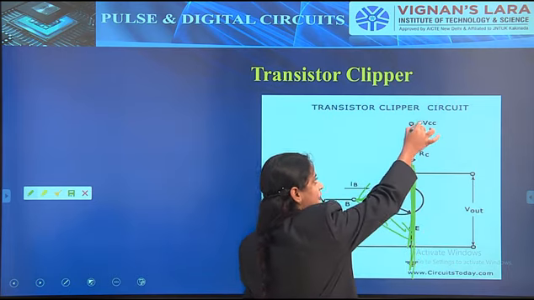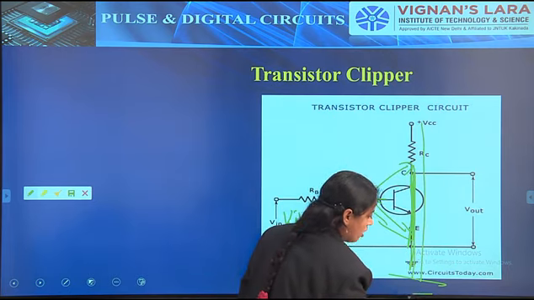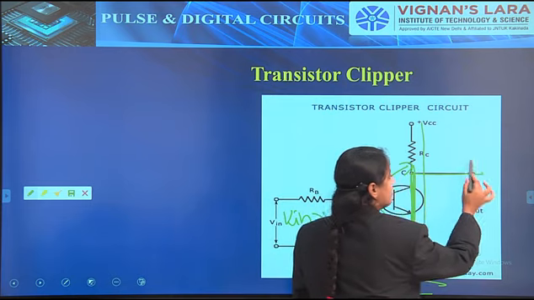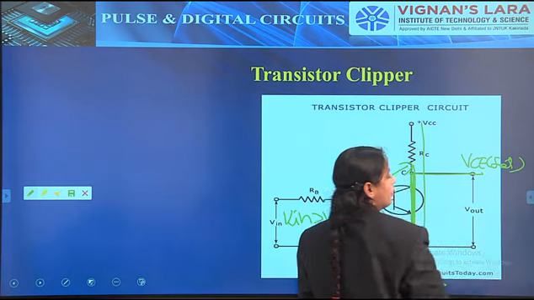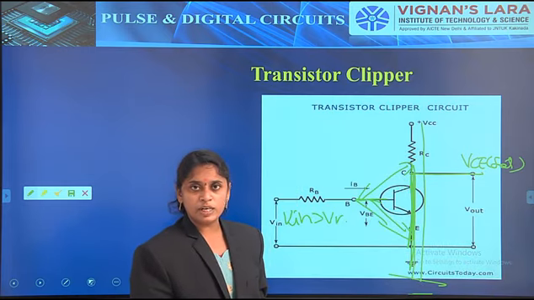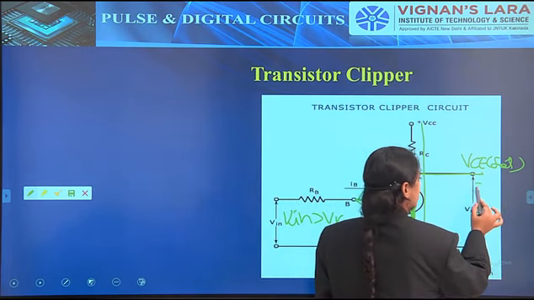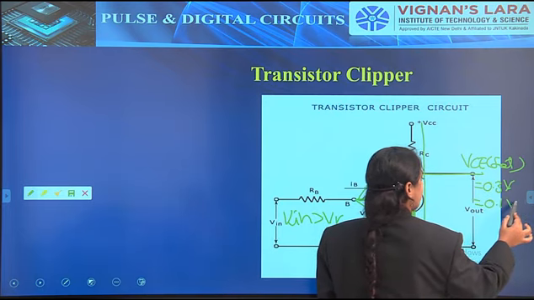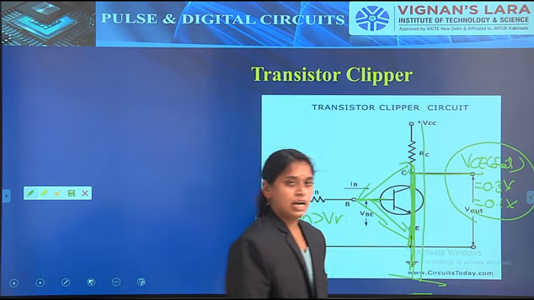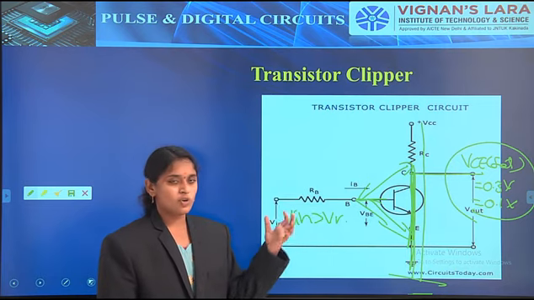So the VCC signal is pulled to the ground, and the output signal will be VCE sat. For silicon, this VCE sat value will be 0.3 volts, and for germanium it will be 0.1. So this is the output condition when the transistor is on.